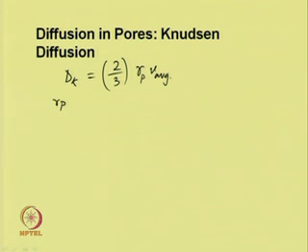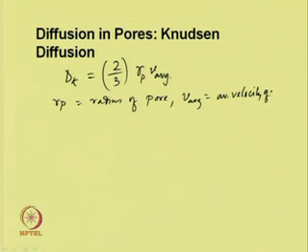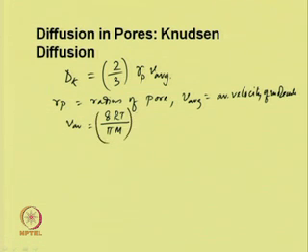R P is the radius of the pore and V average is the average velocity of the molecule, and this V average we can obtain from the kinetic theory of gases as 8 R T by pi m to the power half, where T is the temperature in Kelvin and m is the molecular weight.